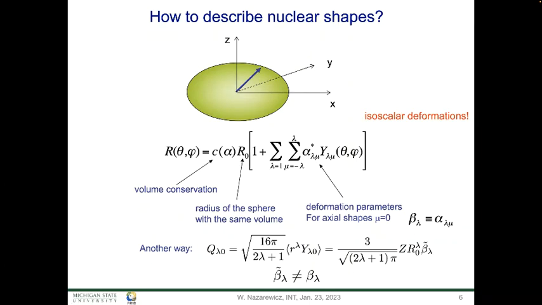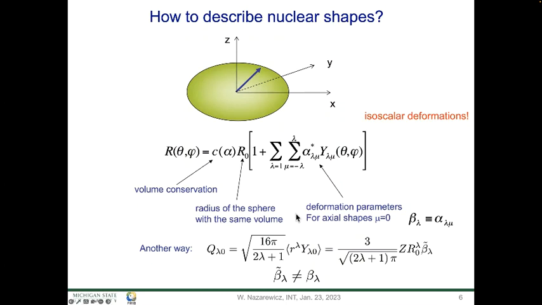This expression for the radius sometimes enters simple models of nuclear physics in which we have a deformed mean potential, like the Woods-Saxon potential, which was mentioned in the previous talk. So this is just a parameterization of the deformed nuclear field. Of course, in microscopic self-consistent models, such as ab initio models or density functional theory in particular, there is no reason to use this expression because we have just three-dimensional density distributions.